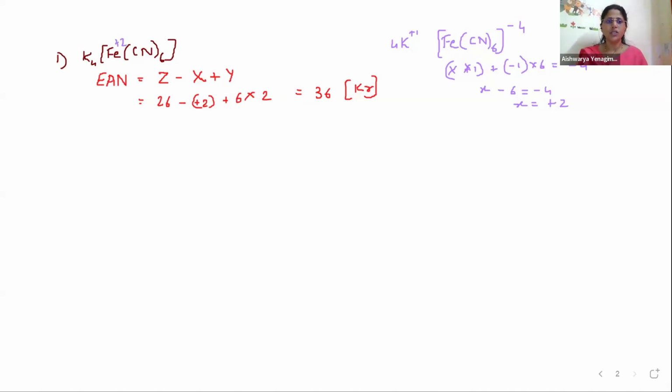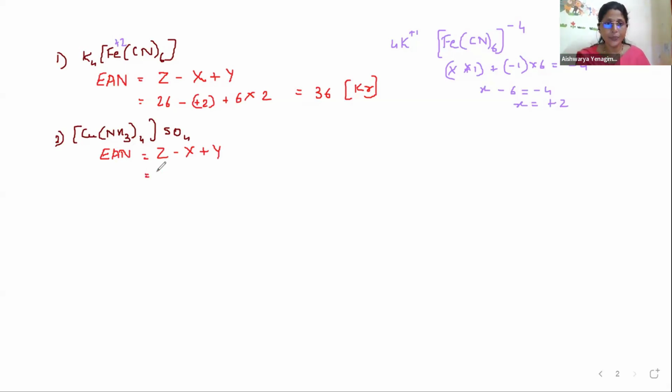Is that clear? So this is the first example we had taken. Now take the second example. Come on, do it with me. The second example is [Cu(NH3)4]SO4. This is my complex. We'll discuss the nomenclature later. Now let us calculate EAN for this. EAN is equal to Z minus X plus Y. What is the atomic number of copper?